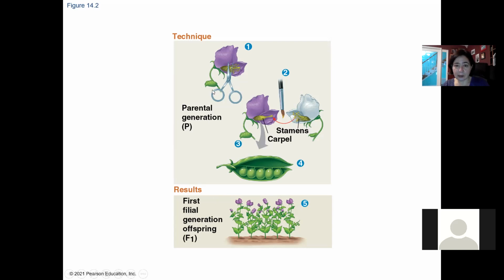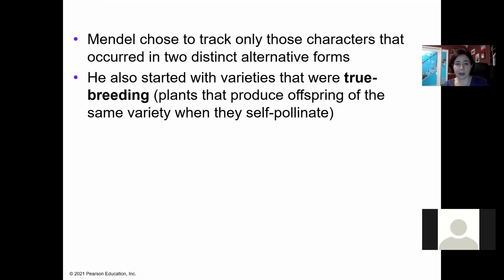So again, the parental generation is basically the generation that creates the first offspring, F1. F for filial means children. First filial generation offspring, F1, that he formed through their breeding. So again, at the beginning, he was tracking only one characteristic, right? Like color.